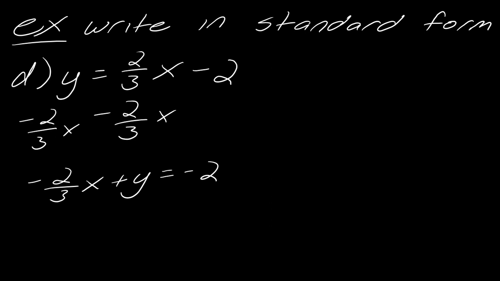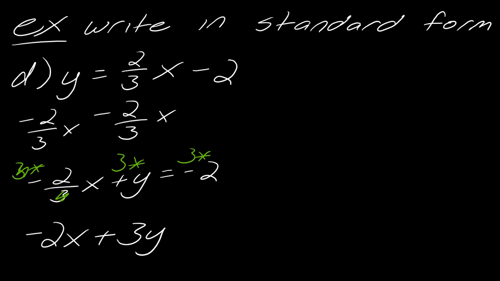And then to get rid of the fraction, I've got to multiply everything by the denominator of 3 in this case. Oh, sorry, not 2, I just said 3. So multiplying everything by 3, these 3's cancel out, and the rest I just multiply together. So I'm left with negative 2x plus 3y equals negative 6, and so that's it.